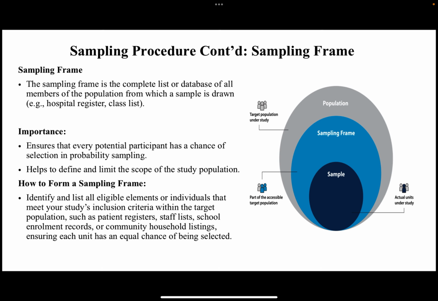If you have that register, you can draw your sample from it. Another example is class attendance. You want to do a study among level 400 students in a certain nursing training institution. The school register of the level 400 students becomes your sampling frame. Why? It's a complete list, or it contains the database of all the members in the population. It is out of that sampling frame that you can draw your sample by applying either a probability sampling procedure or a non-probability sampling procedure.